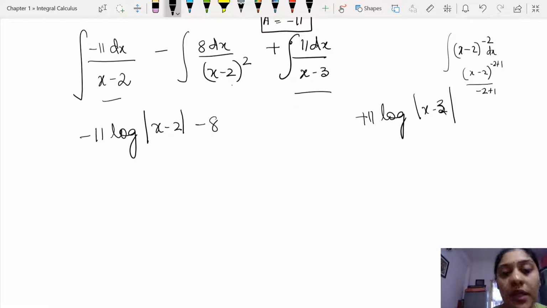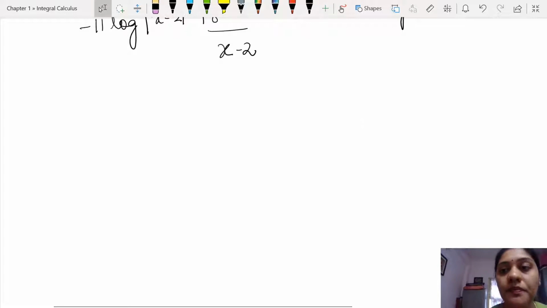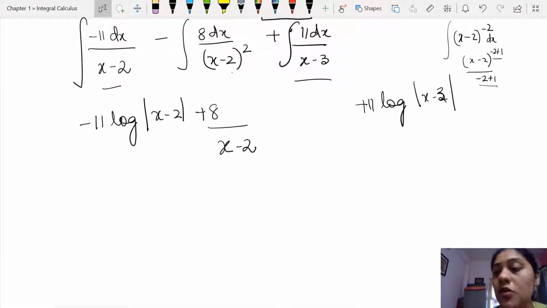So I'm just going to write that answer here. Minus 2 plus 1 is a minus 1. So minus 1 minus into minus becomes a plus. And this power, it will become minus 1. So this comes to the denominator. It will become x minus 2. So this is our result of type 2 type of partial fractions. Okay. So don't forget to add k to every answer.